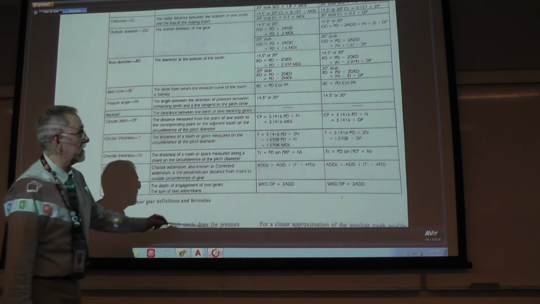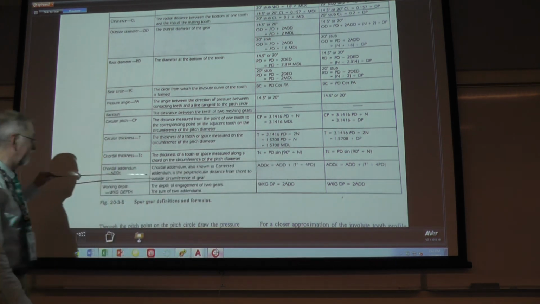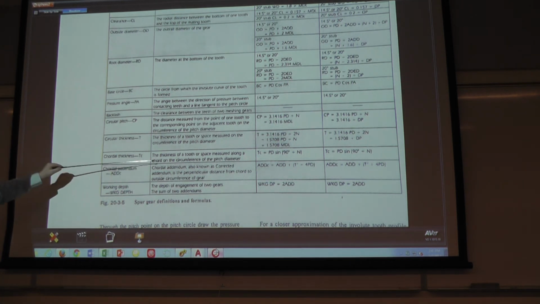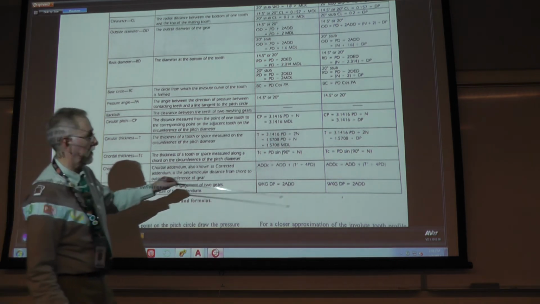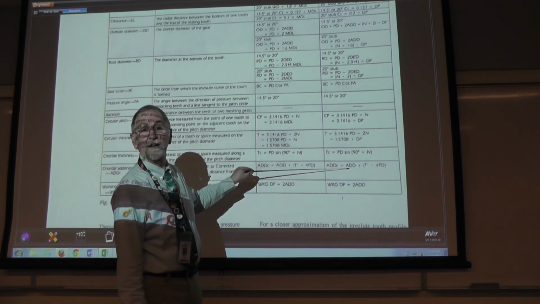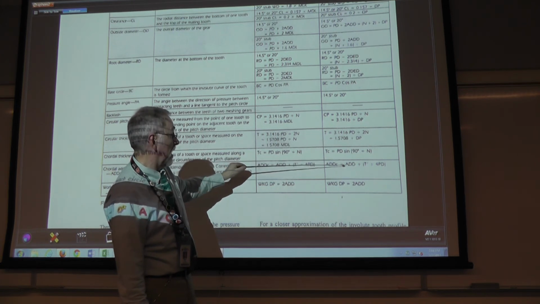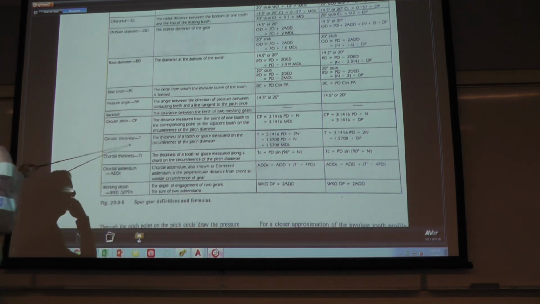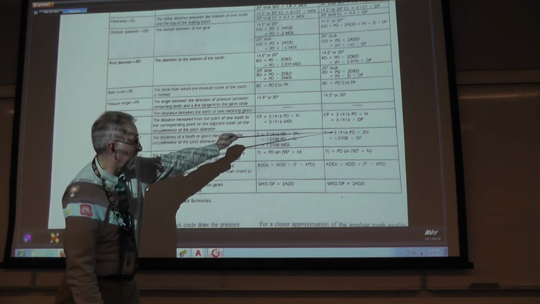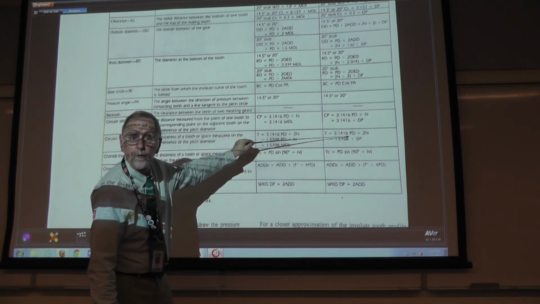The formula to be aware of and careful about is the chordal addendum. The chordal addendum, also known as the corrected addendum, is the perpendicular distance from the chord to the outside circumference of the gear. It uses the addendum, which is calculated up higher in the chart, plus T, which is the circular thickness, which you'll have to calculate. You can use either this formula or you can use this formula down here.